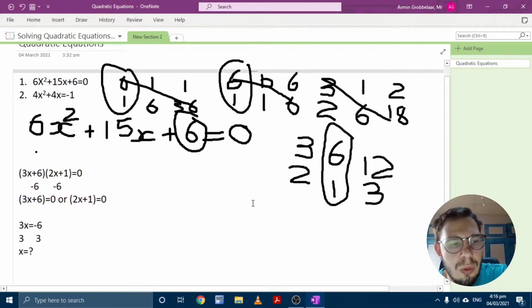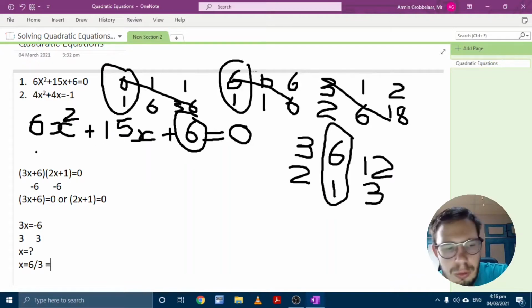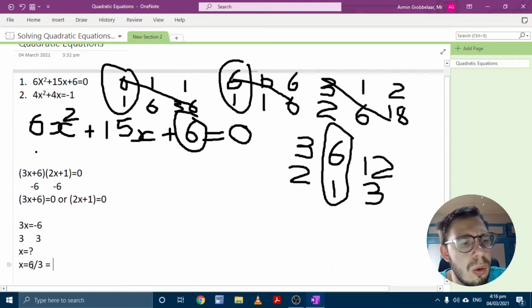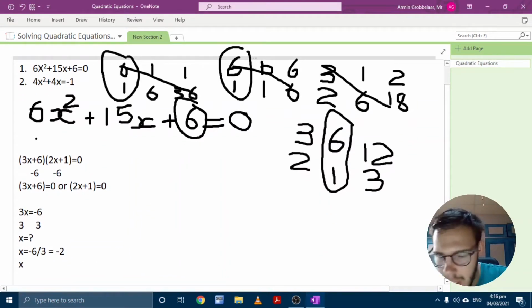So I'm left with x equal to minus 6 divided by 3, which is minus 2. So I have my final answer of x equal to minus 2.